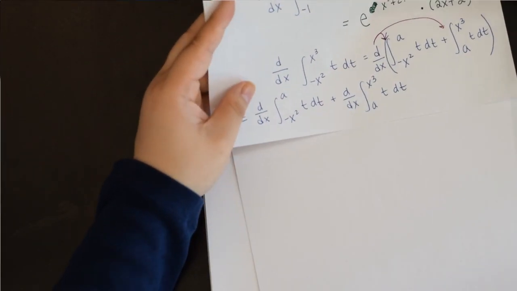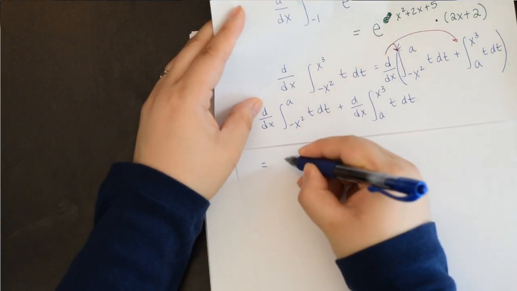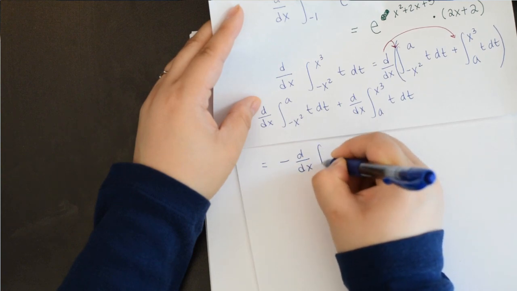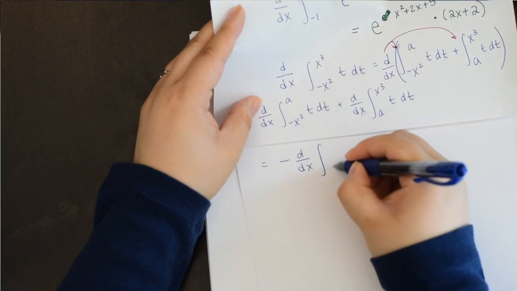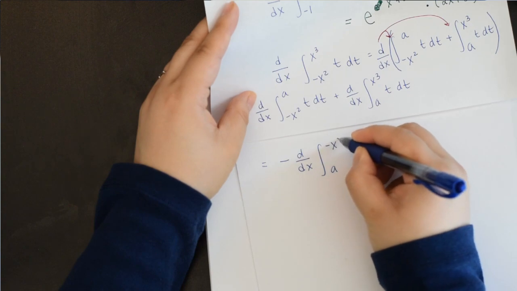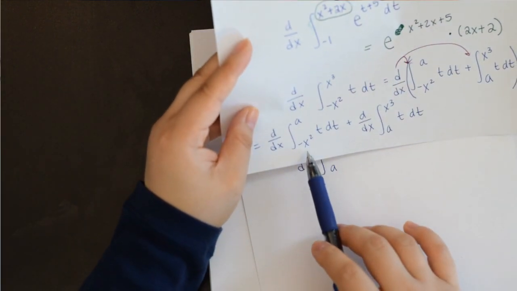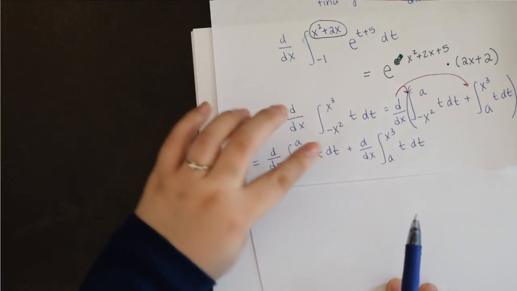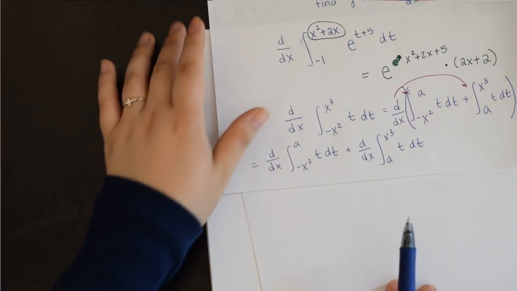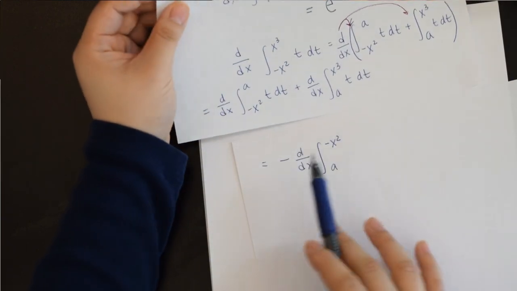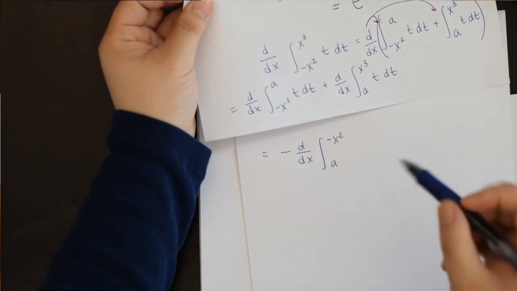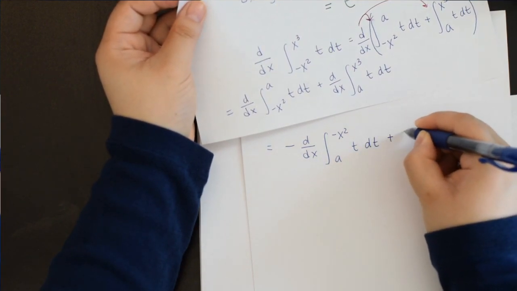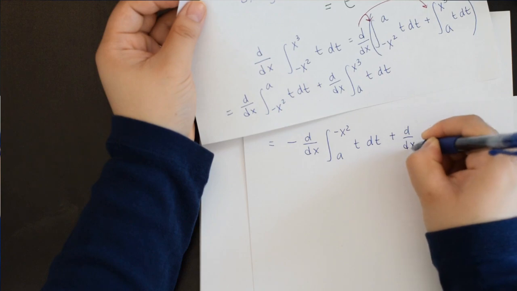Okay, so what I'm going to do is negative the derivative of, now I can do a to negative x squared. So I'm moving the negative x squared up here, putting the a down here. But if I do that, I have to put a little negative in front. Okay, so negative t dt, and then we can keep the second part the same.